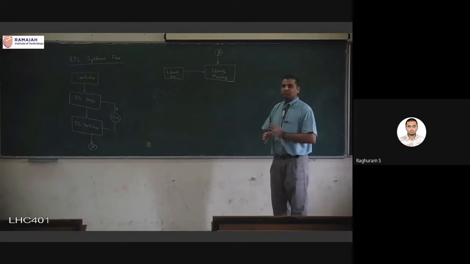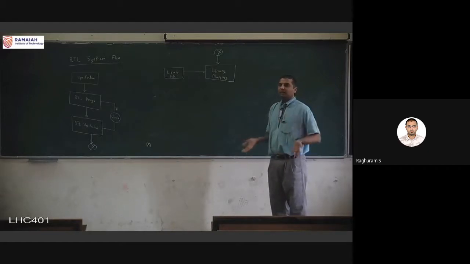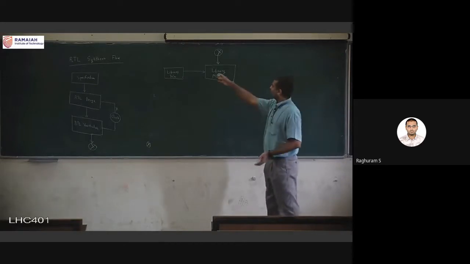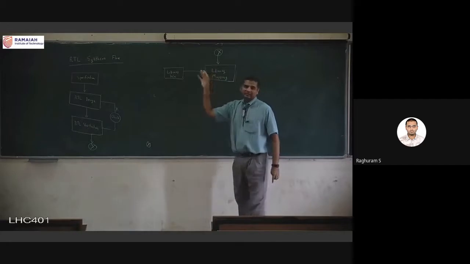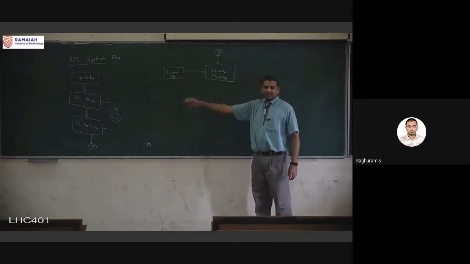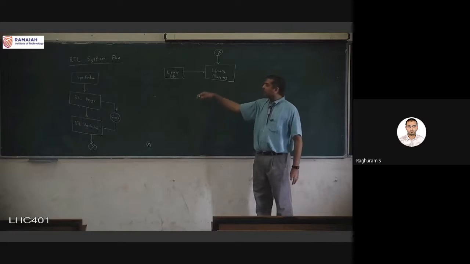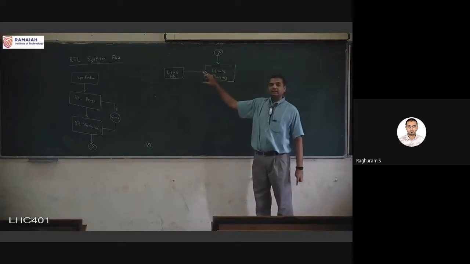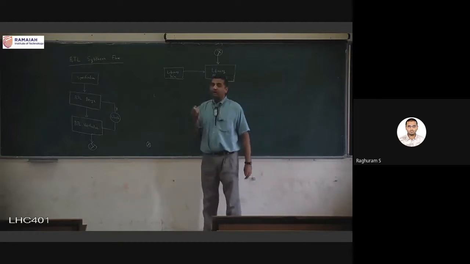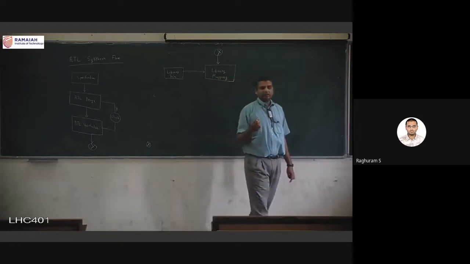We don't want to have any other gates as part of our netlist. So how do I do that conversion? That is what this library mapping does. It converts the gate level netlist that we got into a different gate level netlist, but now everything is in terms of our library, and this is the keyword.